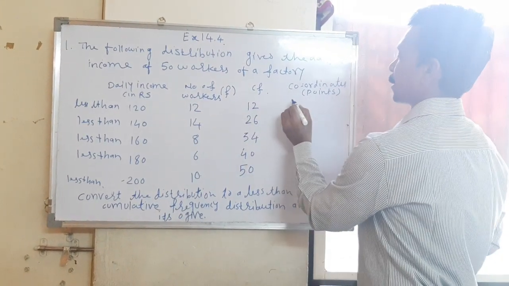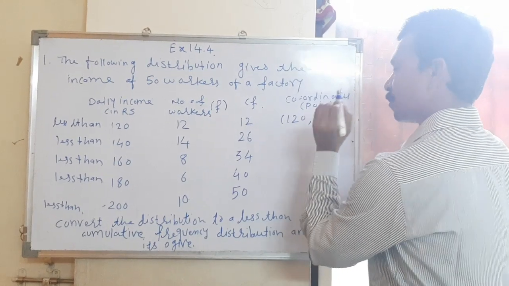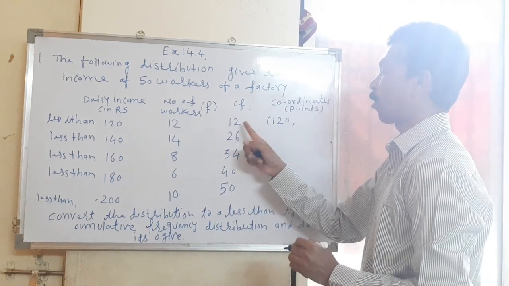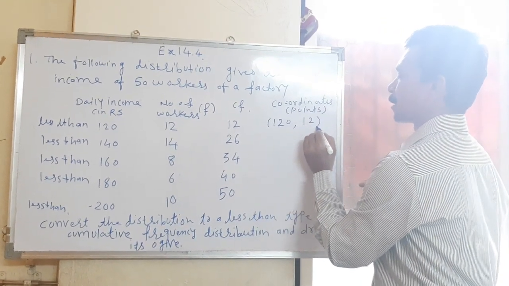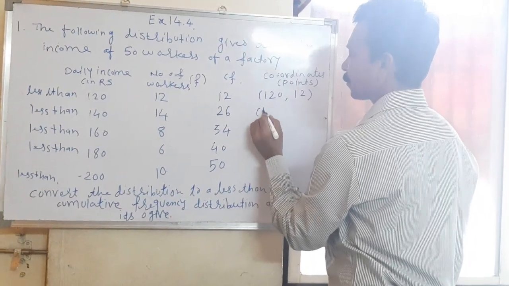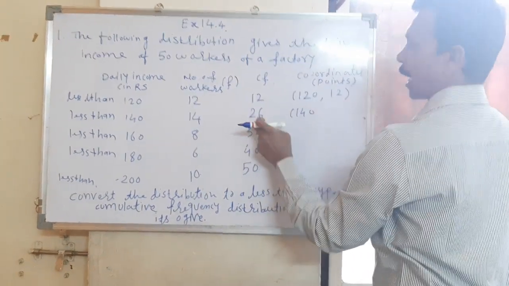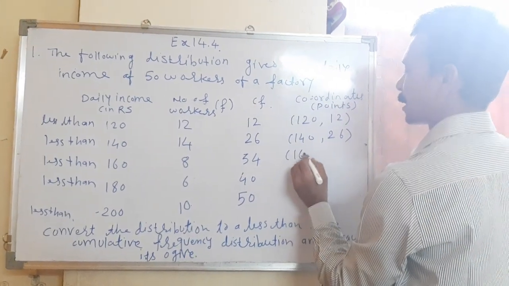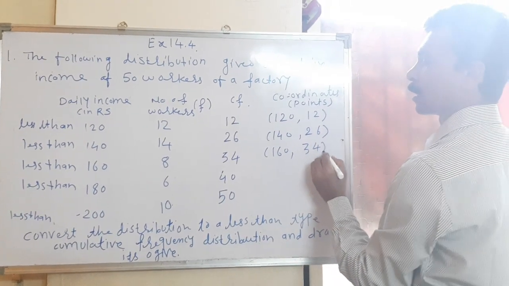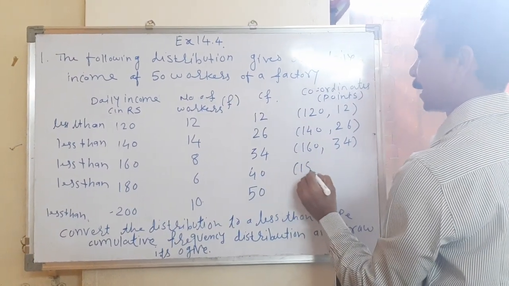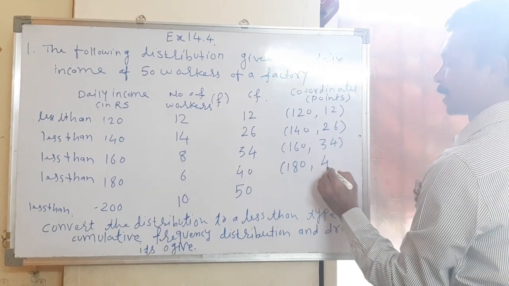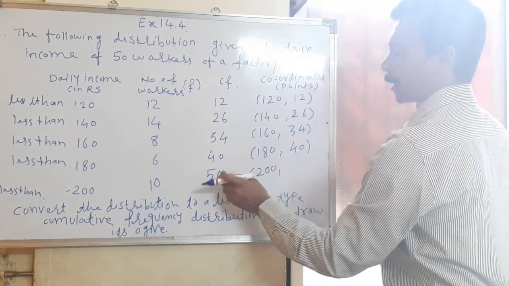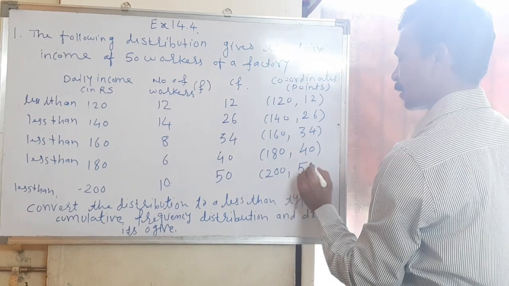That we have to take in the first bracket. Before the comma, upper limits will come and after the comma, CF will come. First, CF is 12. In the second case, it is 140 and CF is 26. In the third case, it is 160 and CF is 34. In the fourth case, upper limit is 180 and CF is 40. In the last case, upper limit is 200 and CF is 50.